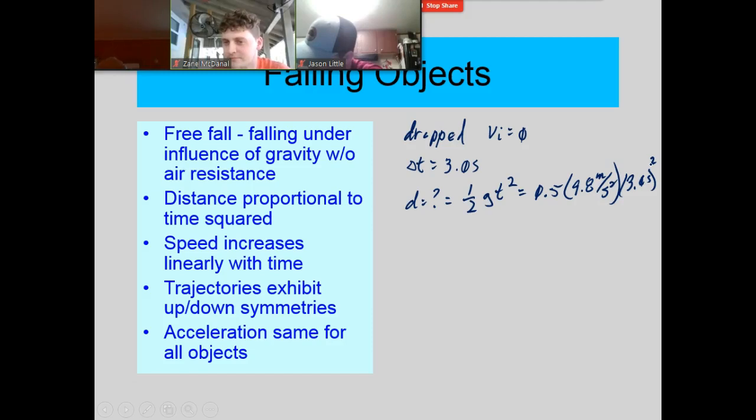Okay. Well, half of 9.8 is 4.9, and then multiply that by 9. And here you have square seconds. Here you have per square second. So it would be 4.9 meters, okay? Because your seconds canceled out.